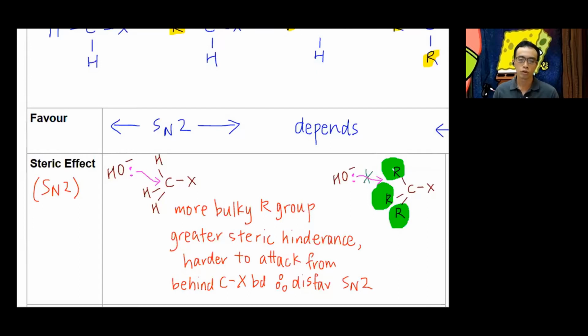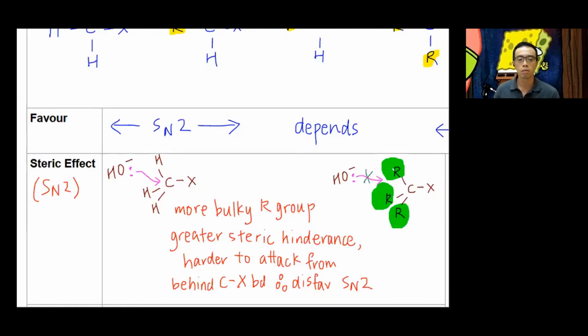If I'm attached to a reactive carbon or reactive species, then I take up a certain space around it. Then I act as a physical barrier to block the entry of my incoming group. Just by being there, I take up space around the reactive species, block the incoming group, and reduce the reactivity of the reactive species.